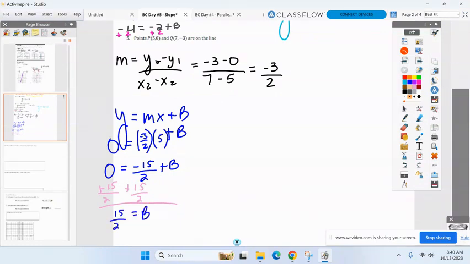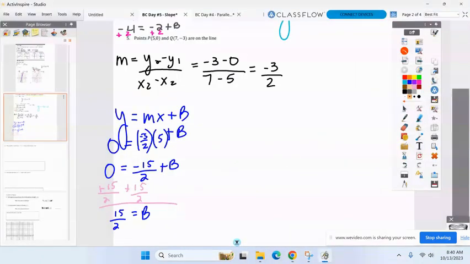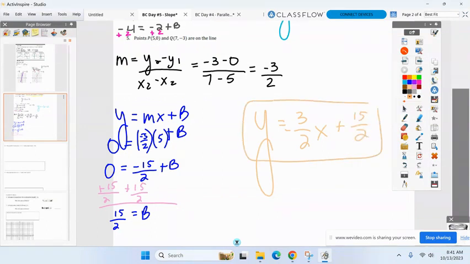Now we have the slope and we have the y-intercept. Final person here, put them all together and write this equation for me. Bailey, put them all together. What do I have? Y equals negative 3 halves x plus 15 halves or 7.5. Perfect. There's the equation of that line.